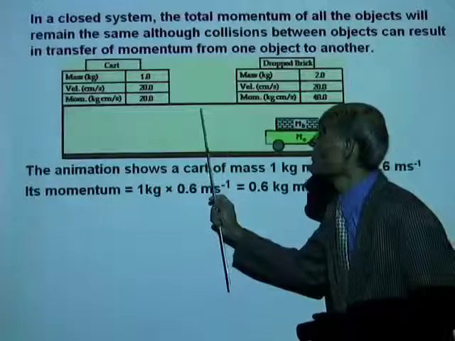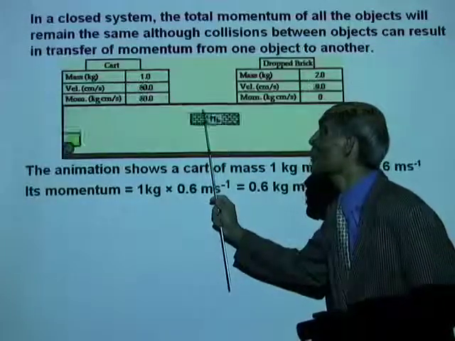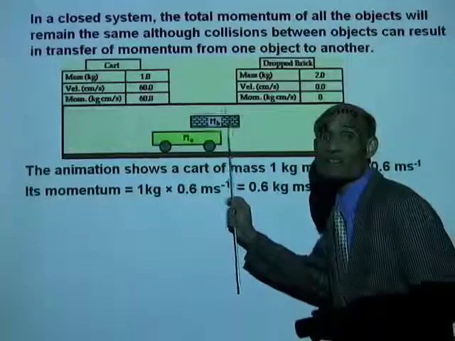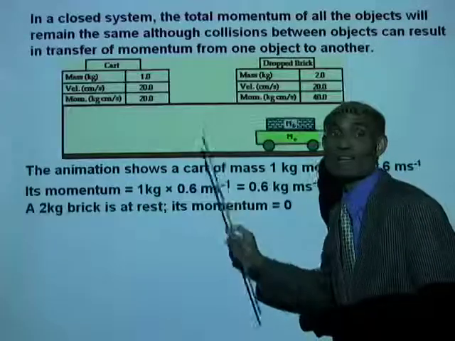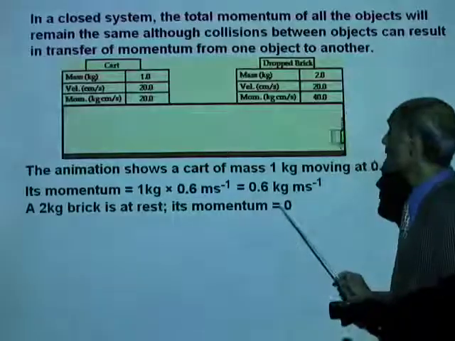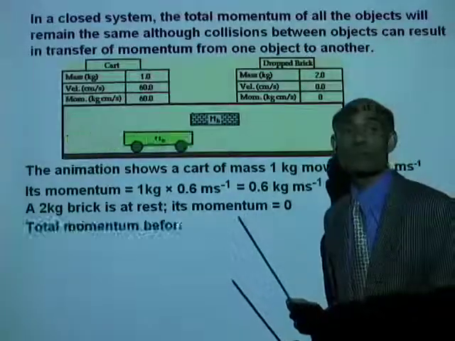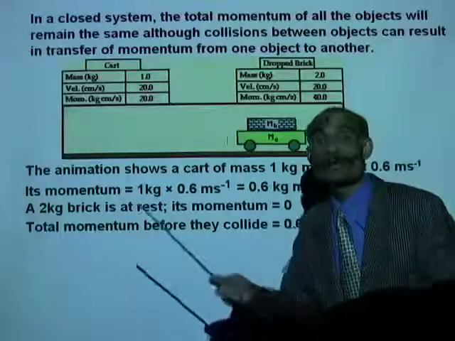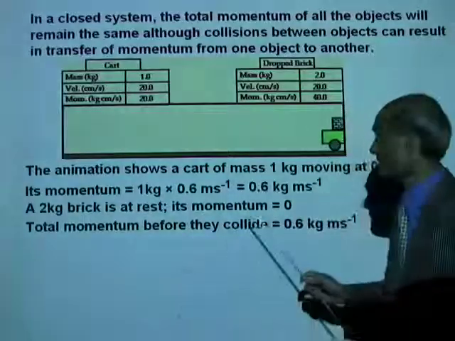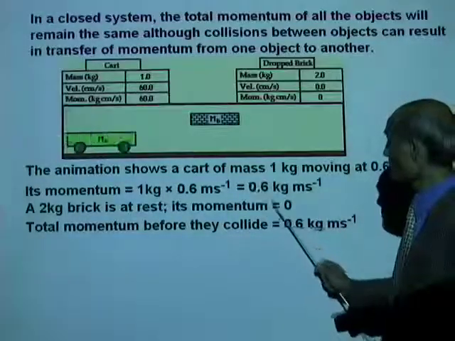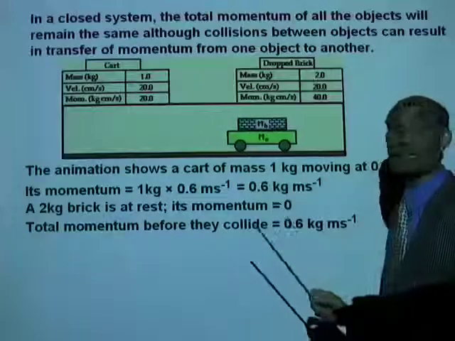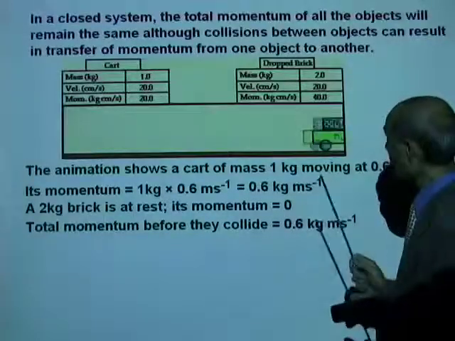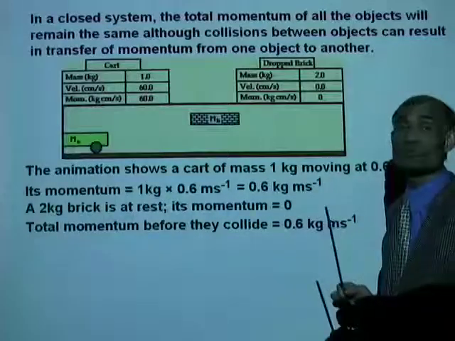What is the momentum of the brick before collision? The brick is at rest initially, therefore its momentum initially is 0. What is the total momentum before they collide? Will be 0 plus 0.6 kilogram meter per second. That is 0.6 kilogram meter per second.